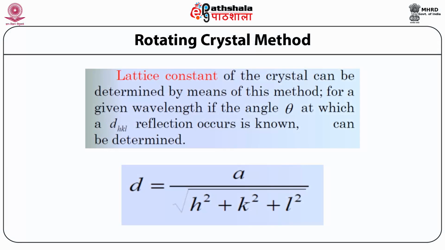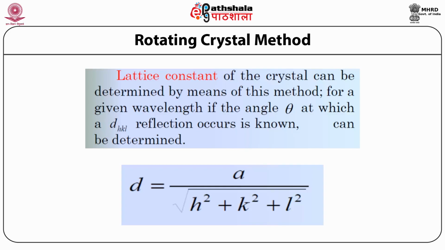This slide shows us how we can determine the lattice constant by the rotating crystal method. You see the formula here, d is equal to a upon the square root of h square plus k square plus l square. From a given value of theta, using the Bragg relation, we calculate the value of d, and using the value of hkl, let us say 001, we find the value of the lattice constant.